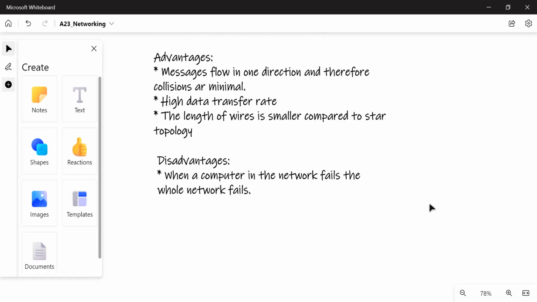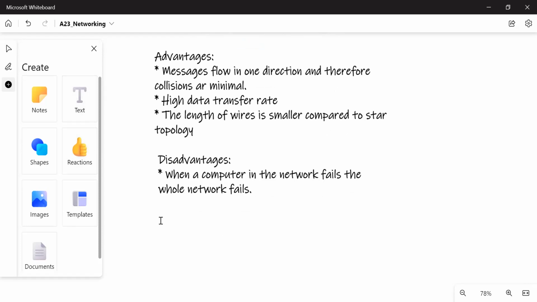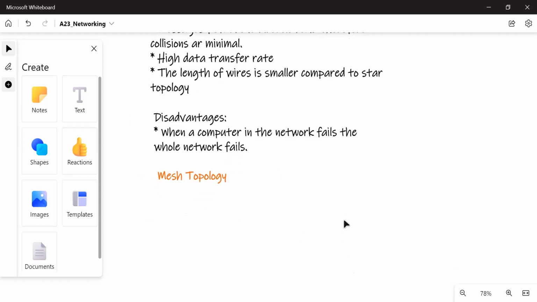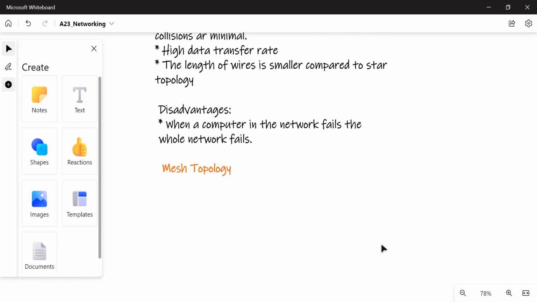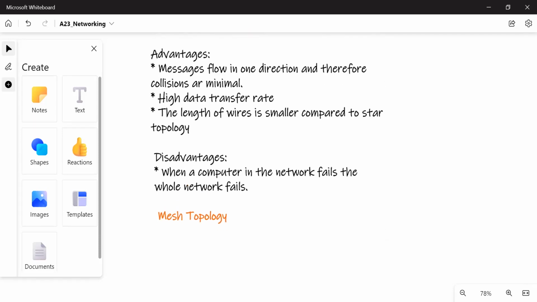Right. Next, we have mesh topology. Right.